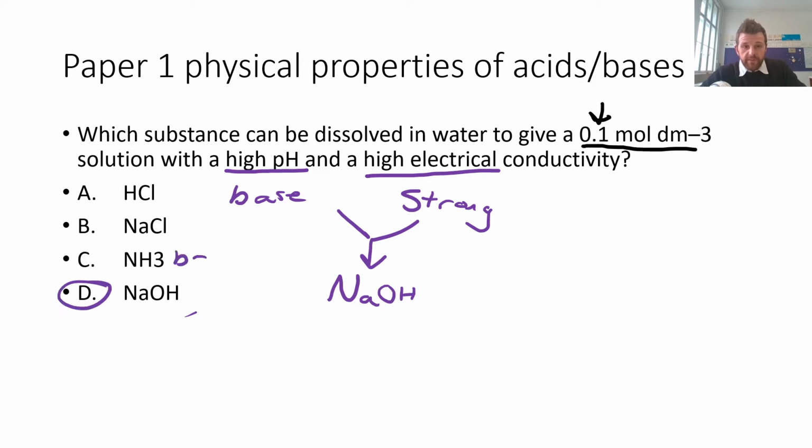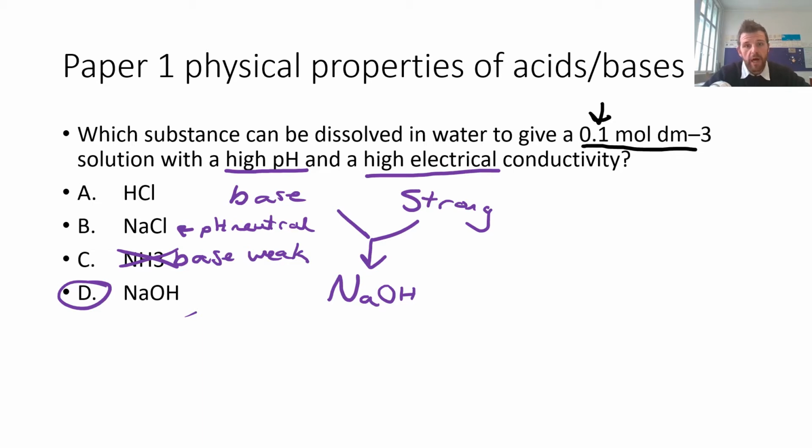This is a base, but it's weak. Because of that, that's wrong. This is pH neutral. It's a salt made out of conjugate acids and bases that were strong. So this was made out of HCl and NaOH. So their conjugate acids and bases are weak.